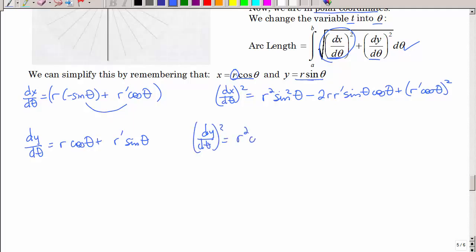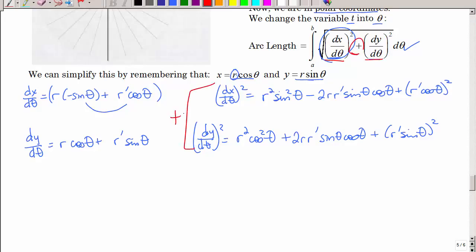So I have r squared cosine squared theta plus the middle terms plus the last term squared. So what does this formula say to do with dx d theta squared and dy d theta squared? It asks us to add those together. So let's do that: dx d theta squared plus dy d theta squared.